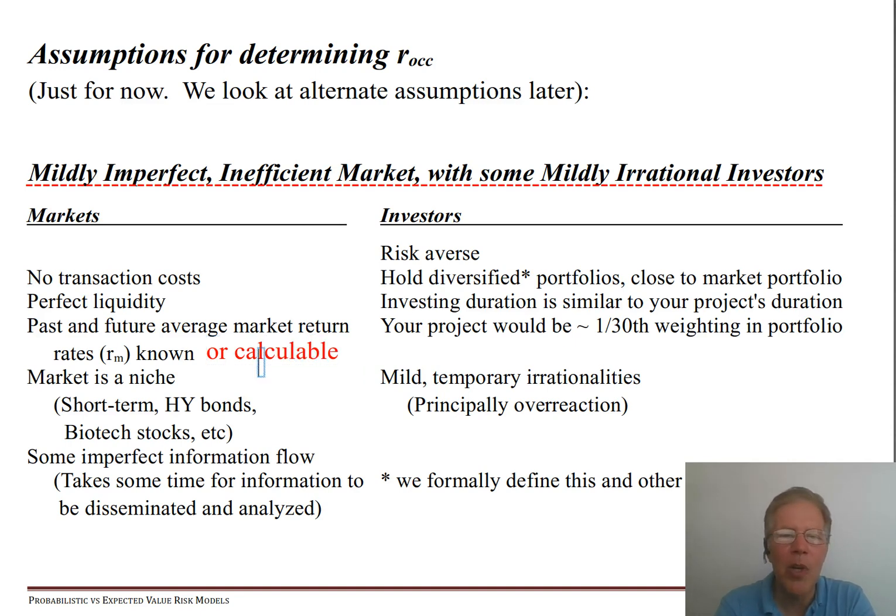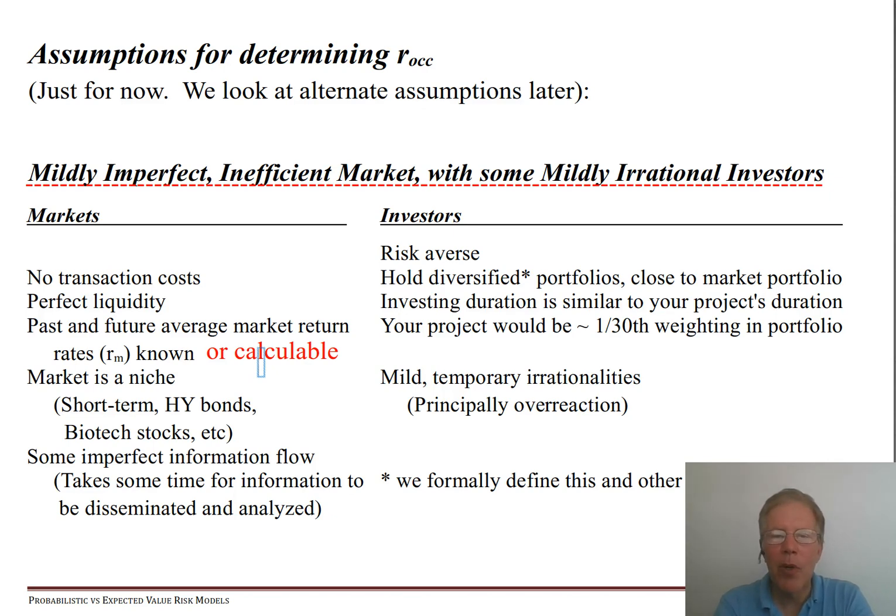I don't know if that's a word, but close enough, okay? Our market is a niche, so we'll be working within the milieu of short-term high-yield bonds, cash flow producing properties for graduate students at certain types of campuses, that type of thing.